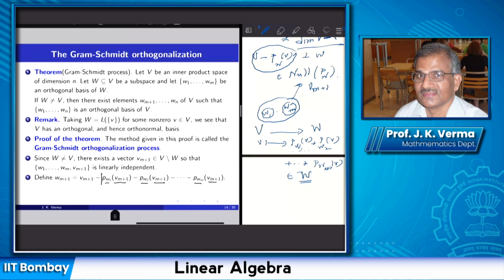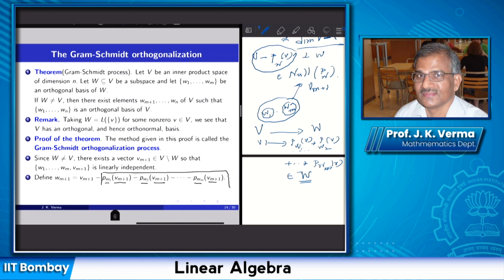This is the natural way to do that: take the projection of V in each direction of the orthogonal basis W1, W2, Wm, and then take their sum. That is a vector inside W, and this is called the projection of V inside W.